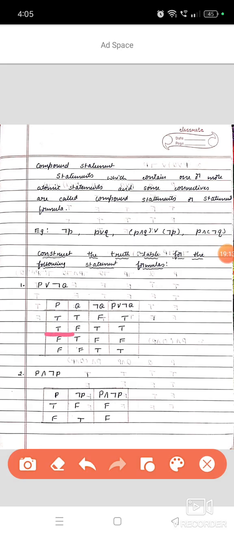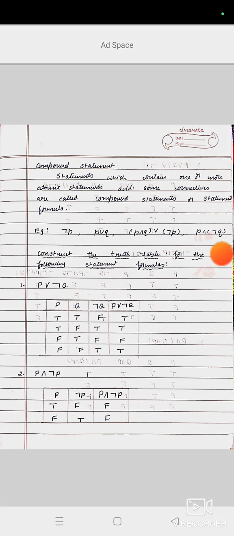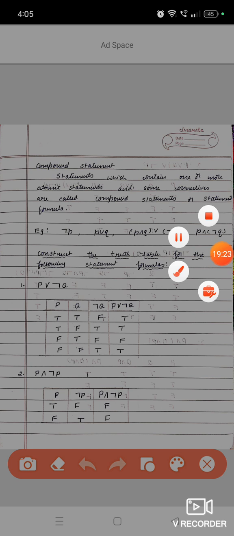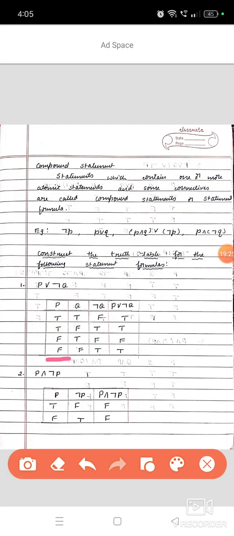Second case, P true, Q true: here also true. Third case, P false, not Q false: both are false, that's why the OR operator gives false. Fourth case, false, true: one statement is true, so true.